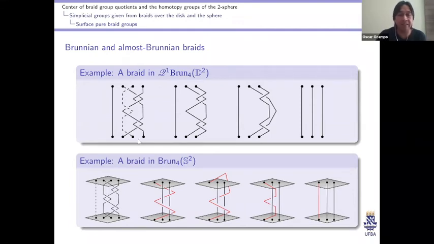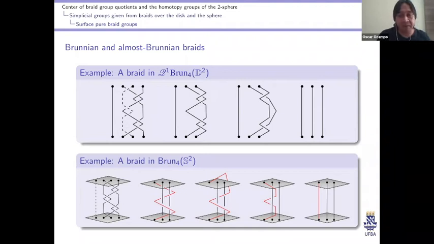We forget this third string, and we have this free braid, and we start to move the strings in a very natural way, obtaining the trivial braid with 3 strings. It is more or less similar if we forget the second or the fourth string: we obtain also the trivial braid. But not when we remove the first one. The braid given by the last 3 strings is not a trivial braid.